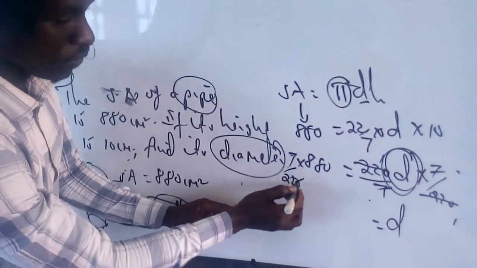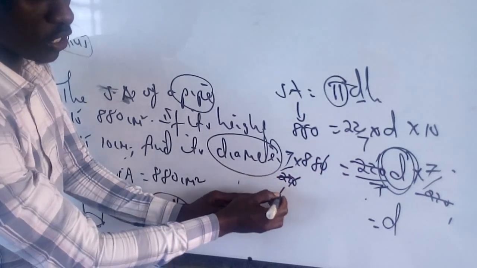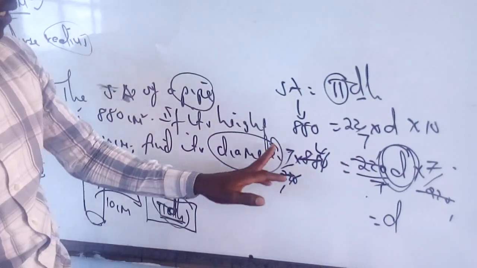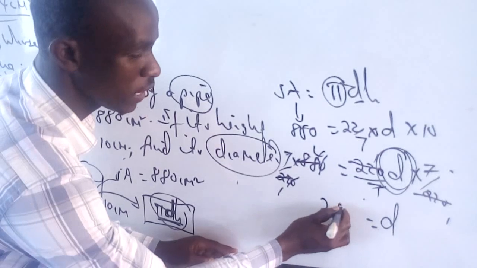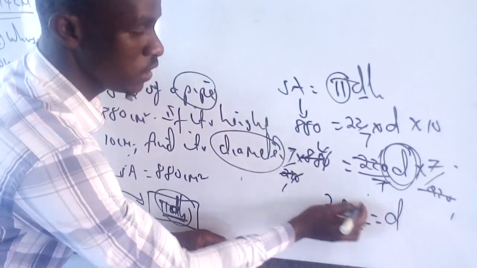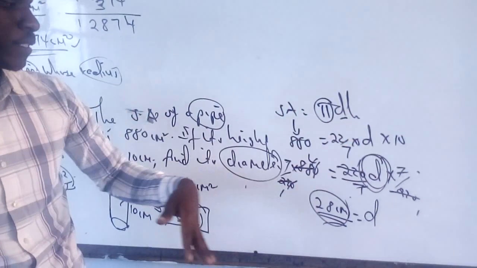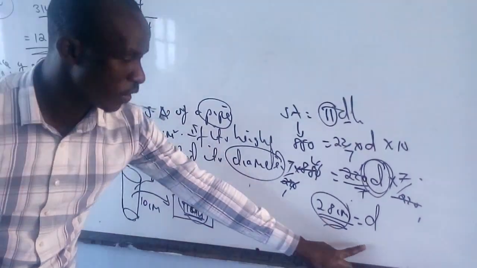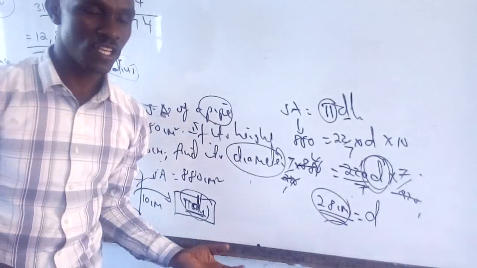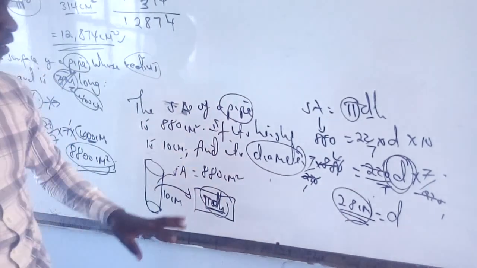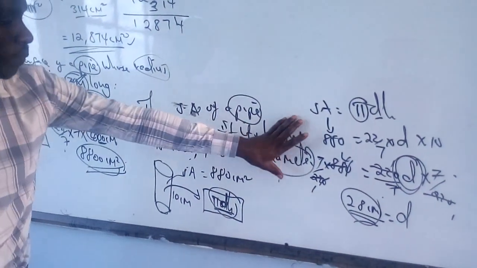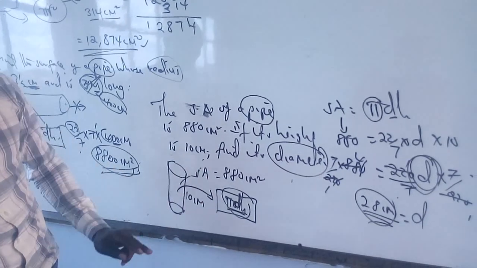Then here this can simplify. 0 simplifies 0, 22 into 22 is 1, 22 into 88 is 4. 7 times 4 gives us 28. So 28 becomes our diameter. If the question asks for the radius, we get it by dividing this by 2, which will give us 14. So some questions will appear this way. Yes, we'll be revising, so you check on that.